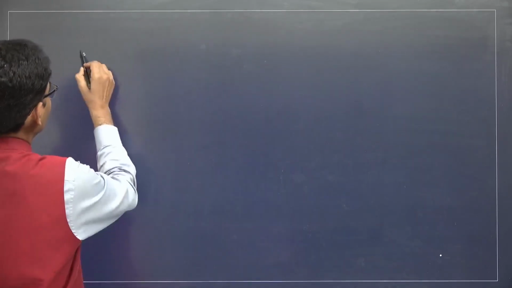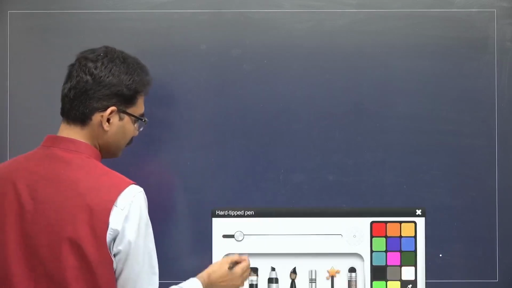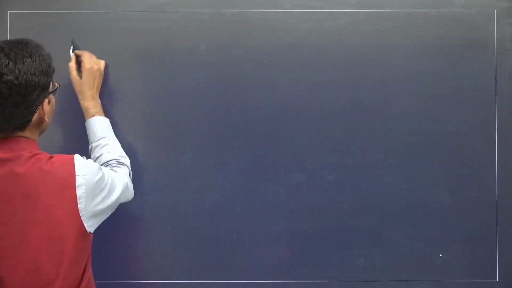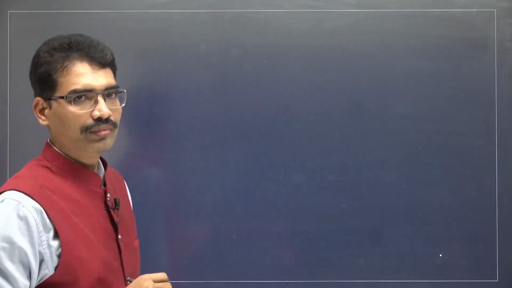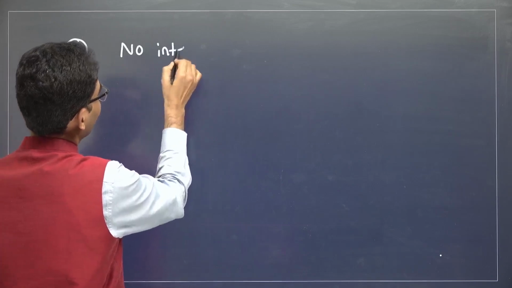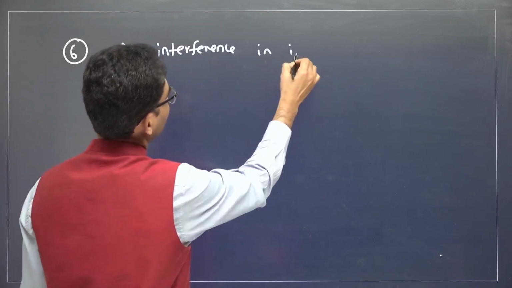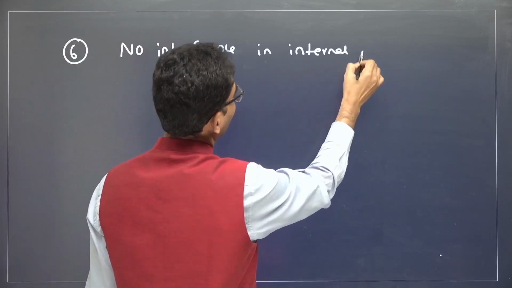Now, the sixth one. What will the Indian rulers get? The promise is no interference in internal politics.